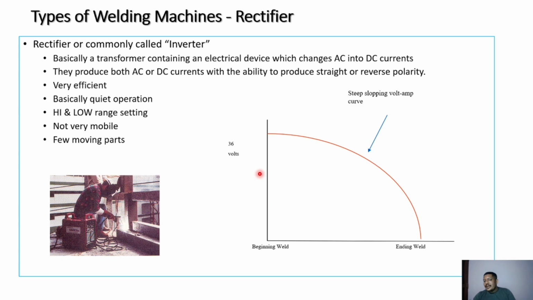At the beginning of the weld you can see 36 volts, and at the end it slowly falls back to 0. Based on the shape of the curve, this is called the drooping characteristics of the rectifier circuit type power sources.